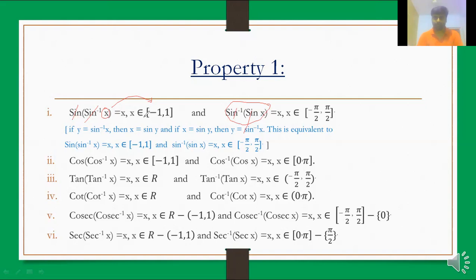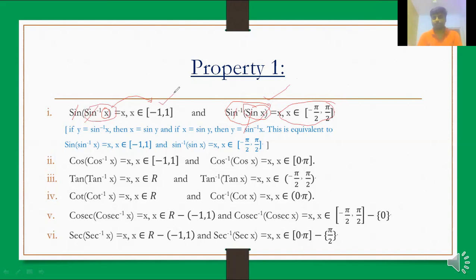Now similarly here also, sine inverse of sine x is x, but we have to check whether that x lies in the closed interval -90 to +90, because the domain of sine x is the closed interval -π/2 to +π/2, and the domain of sine inverse x is the closed interval -1 to +1.